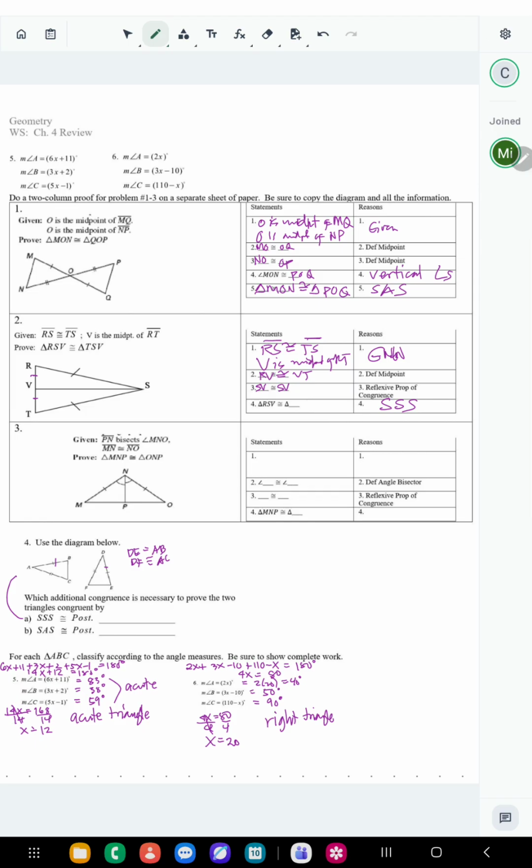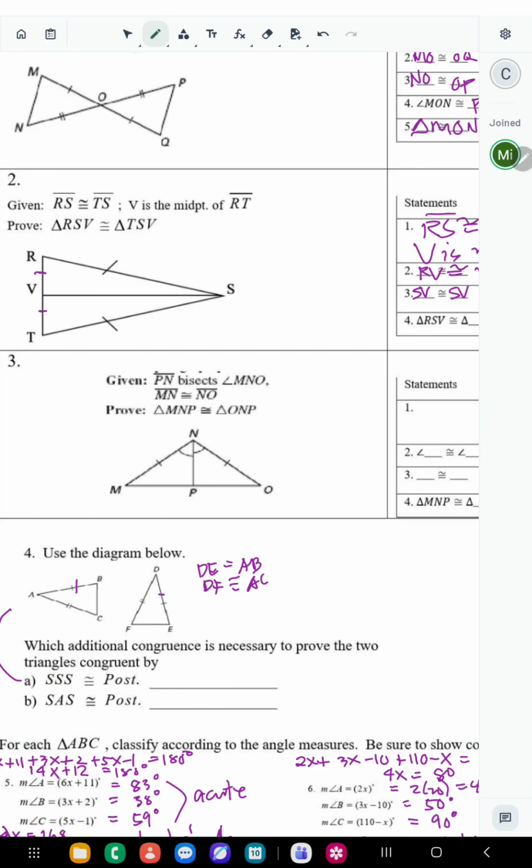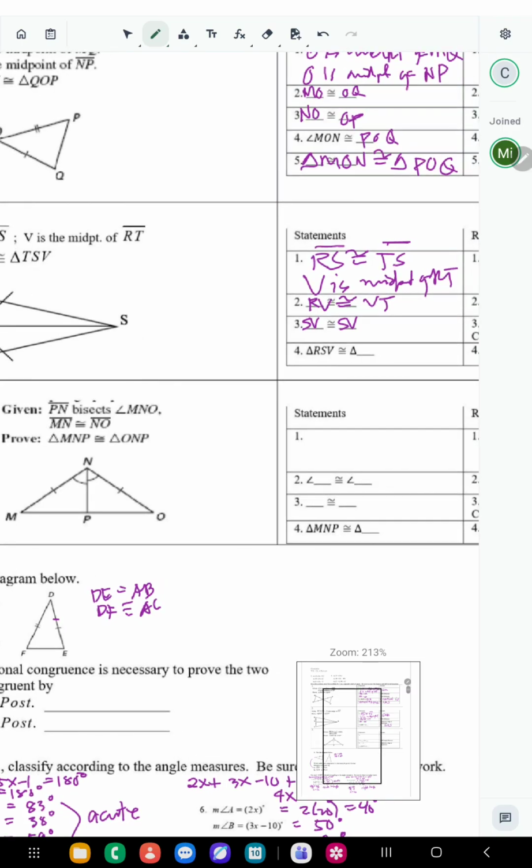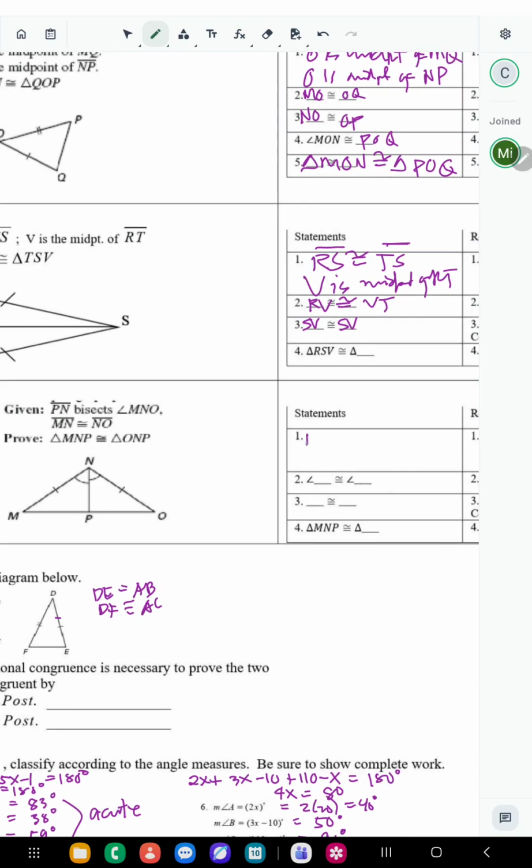Then for number 3, where is PN? That's the last one. PN bisects angle M and O, and MN is congruent to NO. Let's write the given statements first.